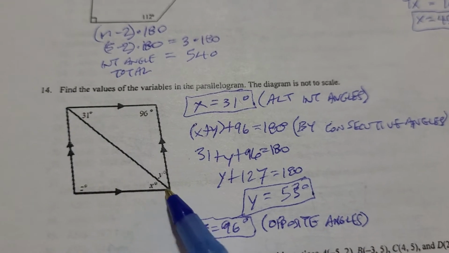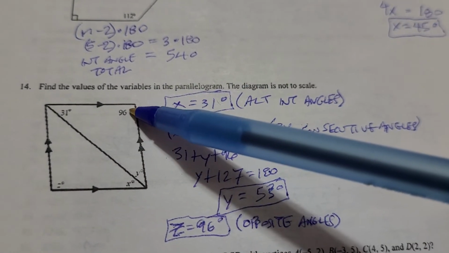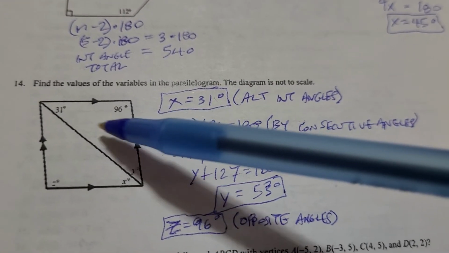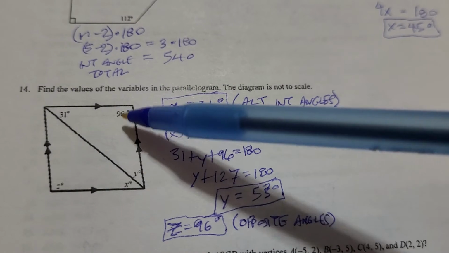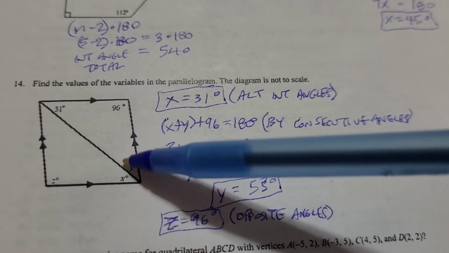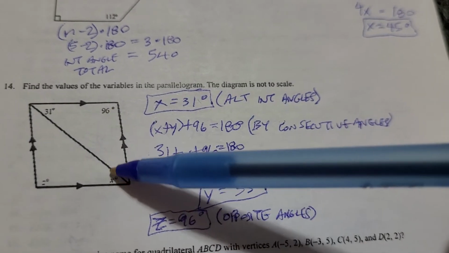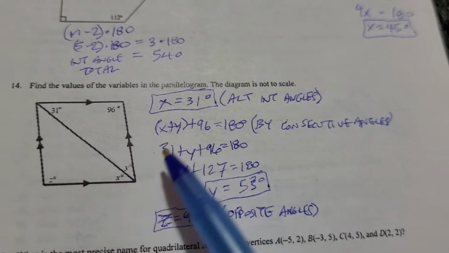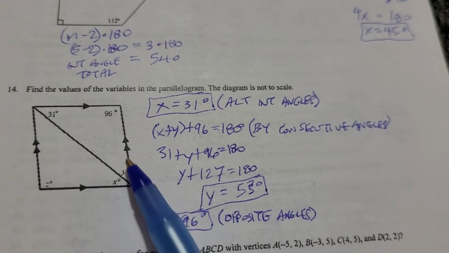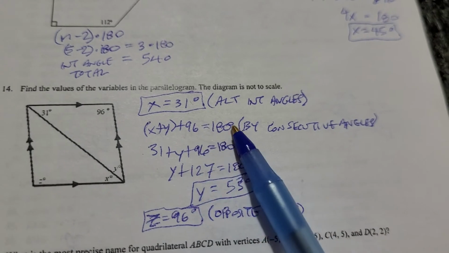So all I can say is that x is 31. Okay, now, remember when you have a parallelogram like so, the two angles that are side by side, which you would say are consecutive because they're one right after another, these two are going to be supplementary, which means they add to 180. So I'm just going to say x plus y plus 96 is equal to 180.